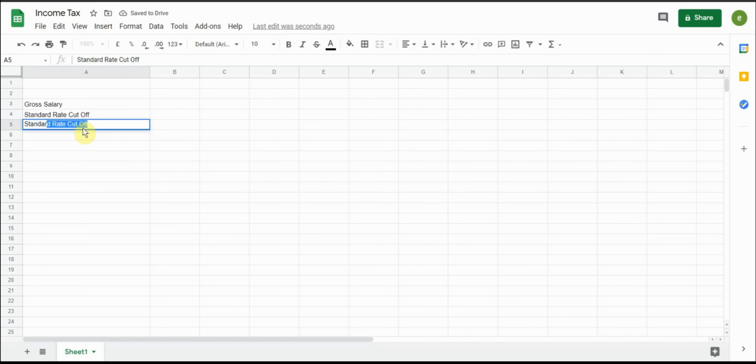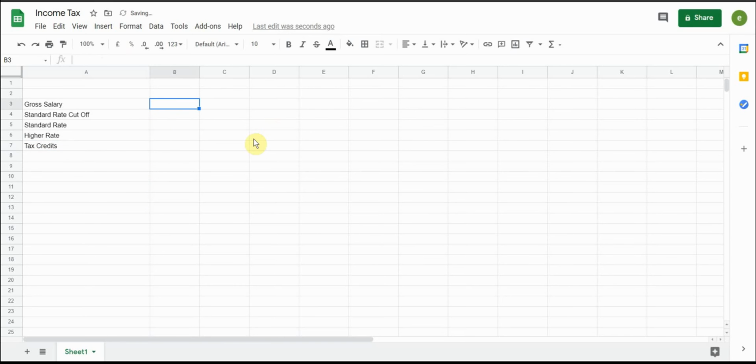Standard rate. I've never really learned when something gets highlighted like that how not to use it. I think that's computers being probably too smart. Higher rate and tax credits.